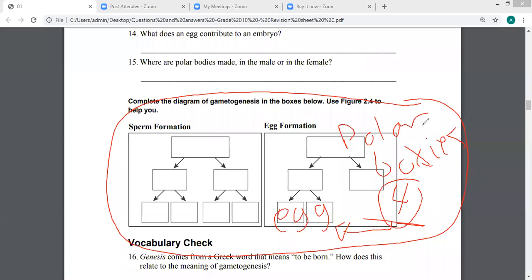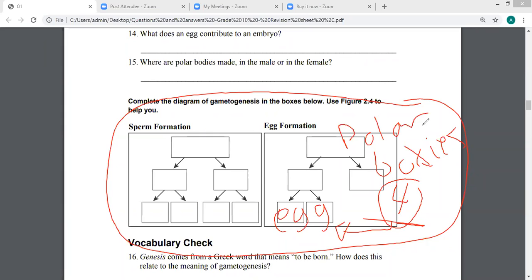So the same process repeats? Listen to me. We have two persons, male and female. They reach the adult age. They will form the germ cells.